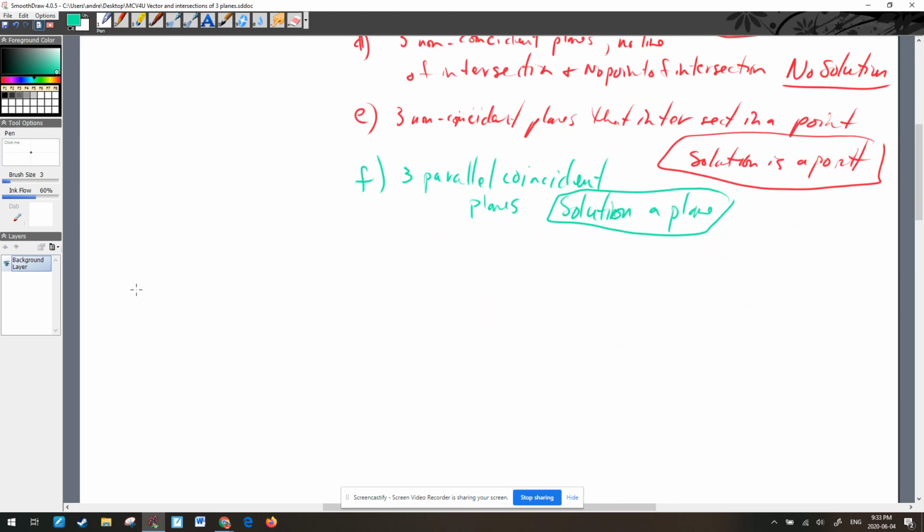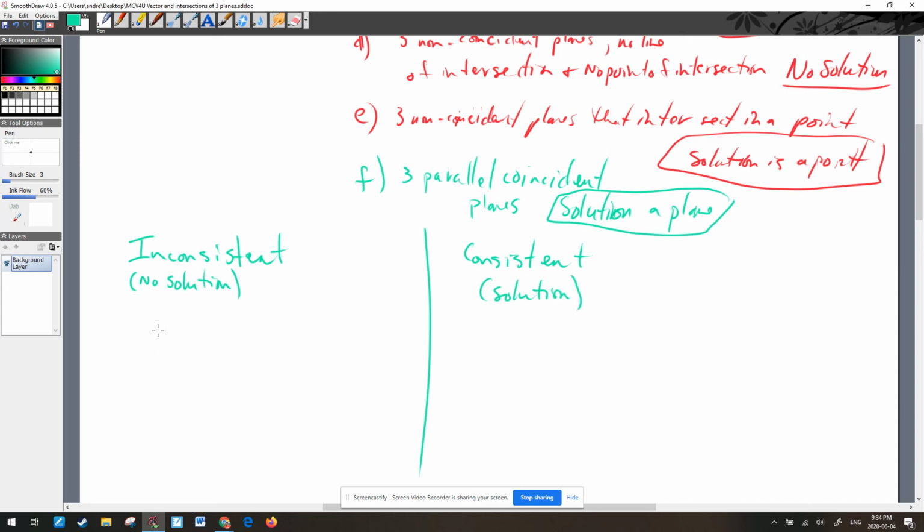So I'm going to categorize these. These are going to be categorized into solutions that are considered inconsistent, and what inconsistent means is no solution. And then you can guess what the other category is going to be, and that is, of course, consistent, where there is a solution.